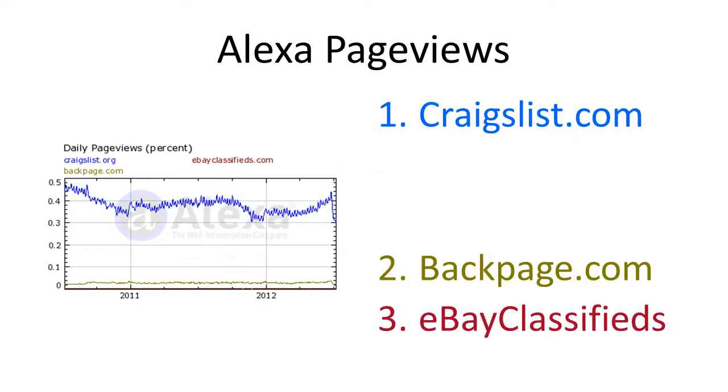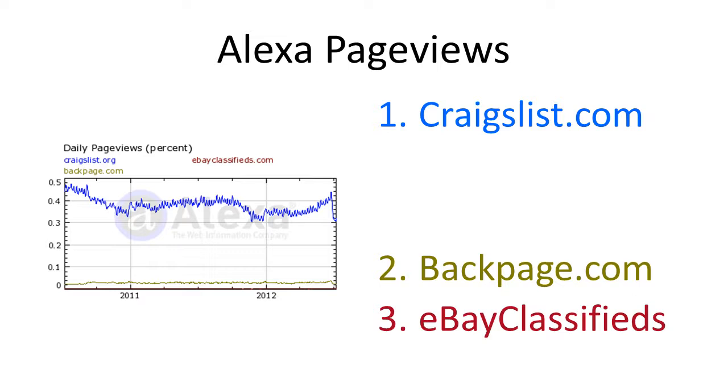Here's a different chart showing basically the same information, this time by daily page views. You can see that Craigslist just destroys Backpage and eBay Classifieds as far as traffic goes. eBay Classifieds almost looks like a flat line at the very bottom of the graph. Backpage is slightly above that, maybe half an inch or so. And then Craigslist is probably 3 or 4 inches above where Backpage is on this chart.